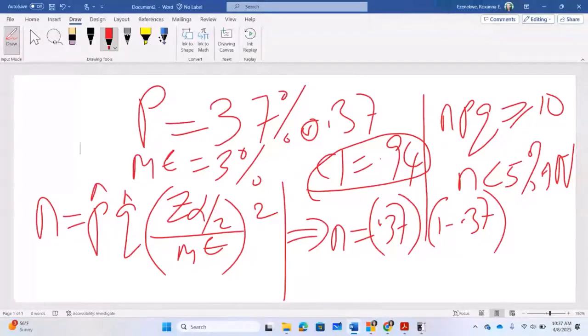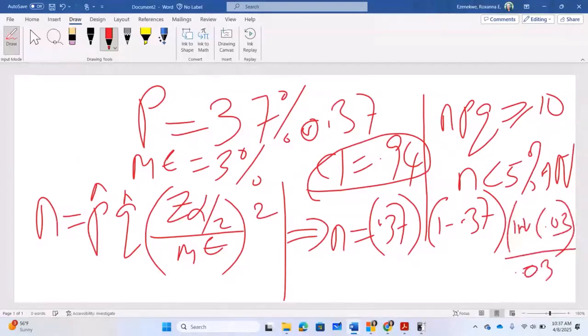So inverse norm 0.03. So here I'll find inverse norm 0.03. That's the critical value. Okay, there I can now calculate.